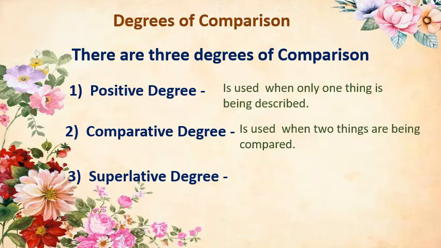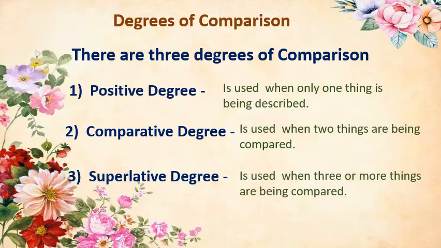Superlative degree. Yes, we use superlative degree when 3 or more things are being compared. Remember, positive degree means we are describing only one thing. Comparative means we are comparing between two things.